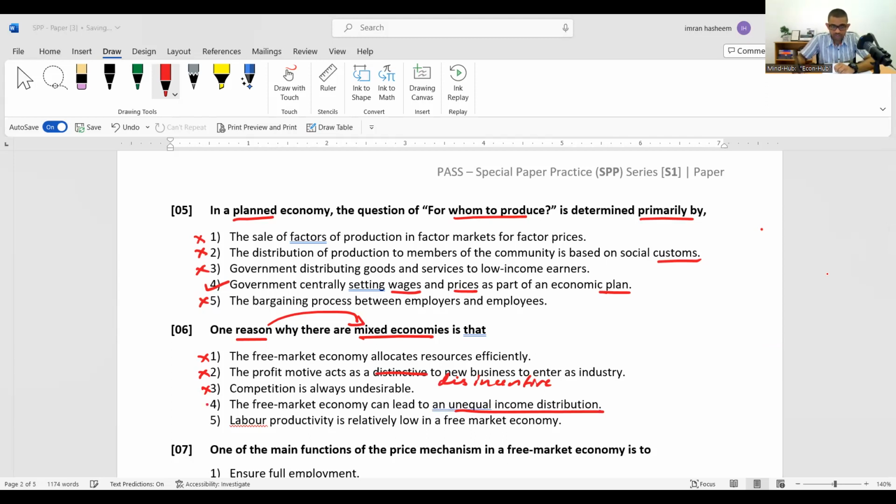So that should be the correct answer. Number 5, labor productivity is relatively low in free market economy. No, relatively. That means compared to a command economy, in a free market economy, labor productivity is at a higher level. So therefore, we will go with correct answer number 4, and the 5th answer also can be eliminated.